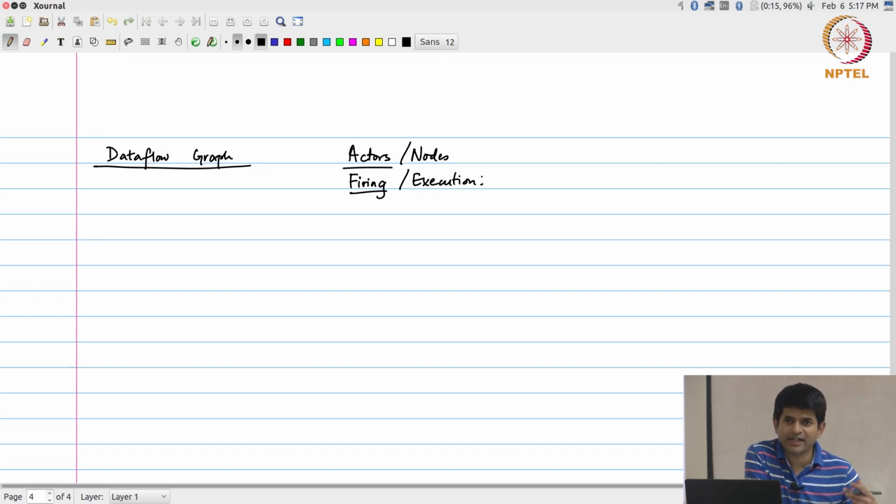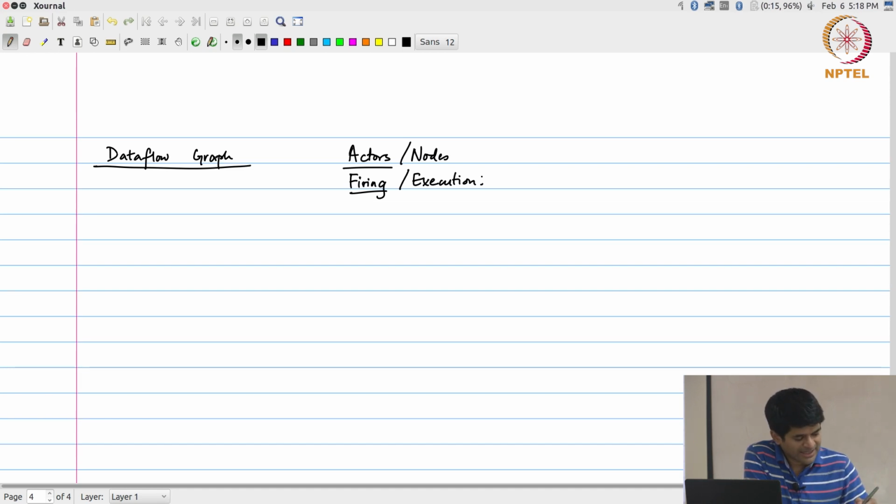So an actor firing essentially means that it does some work, consumes some input, does some work and generates output. That is the core idea of data flow. It essentially says that you have several actors that have inputs, they are waiting for something to appear on their inputs. As and when those inputs arrive, they consume them in some way, do something with those inputs and generate outputs.